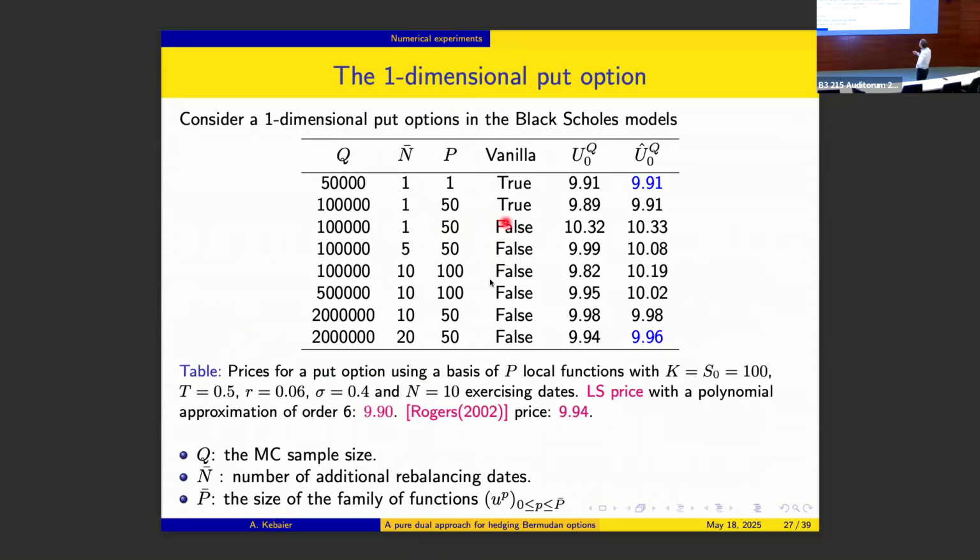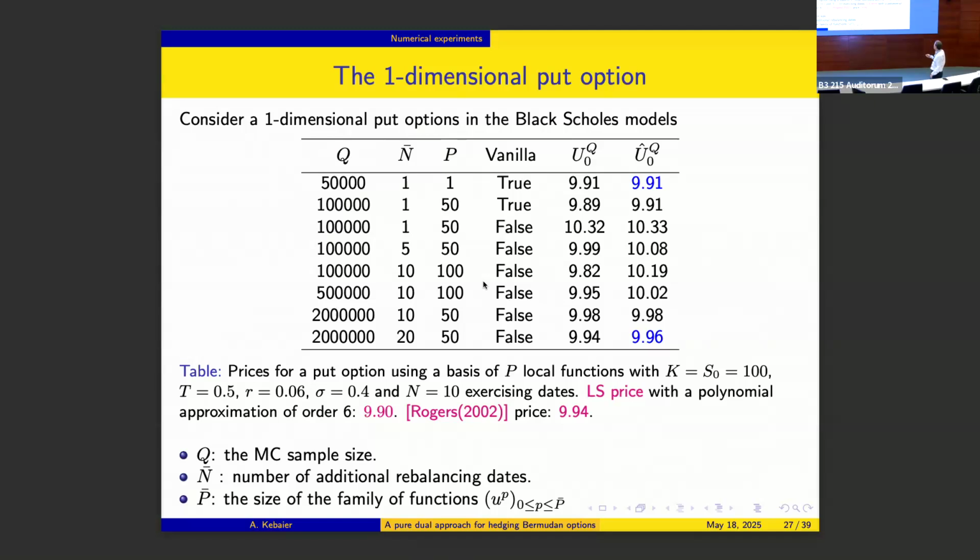This table summarizes our numerical tests. Remember, Q is the Monte Carlo sample size, bar is how many rebalancing dates I'm going to put between two optimal exercising times in the Bermudan time grid, and P is the size of the family I showed you, UP.